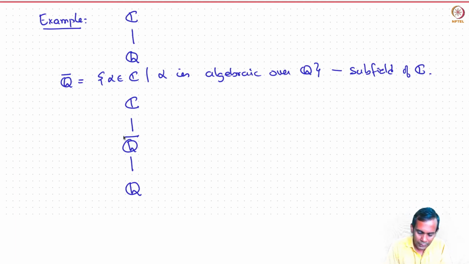And so this Q bar is a countable subfield of C, whereas C has cardinality equal to the continuum. So very few elements of C are actually in Q bar.